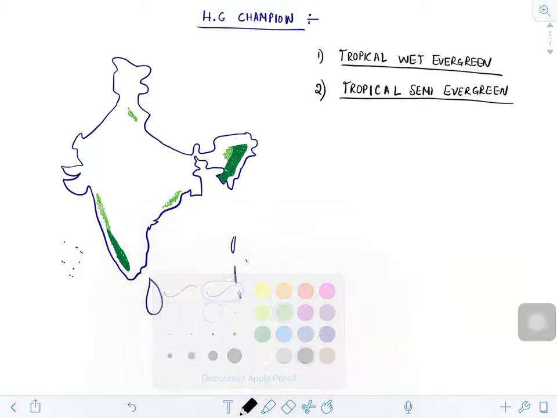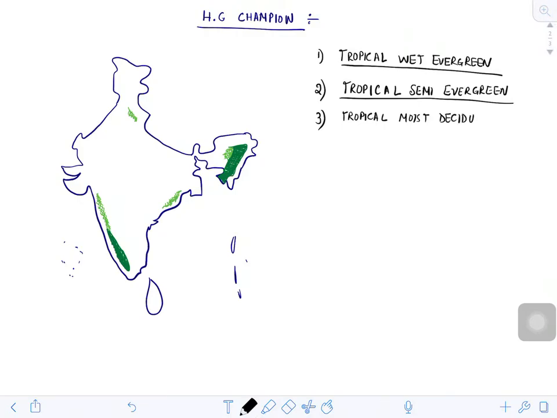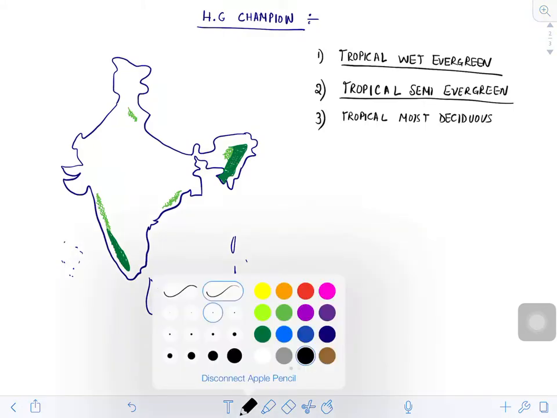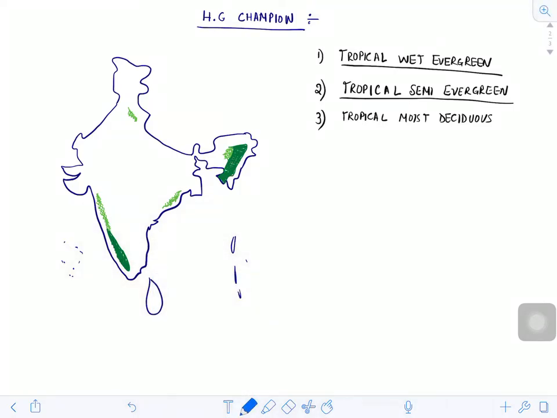Now the third classification is tropical moist deciduous. This includes the area that is, any guesses? Let's start demarcating it. It's the entire northeast, the rest half, this area, then this area.